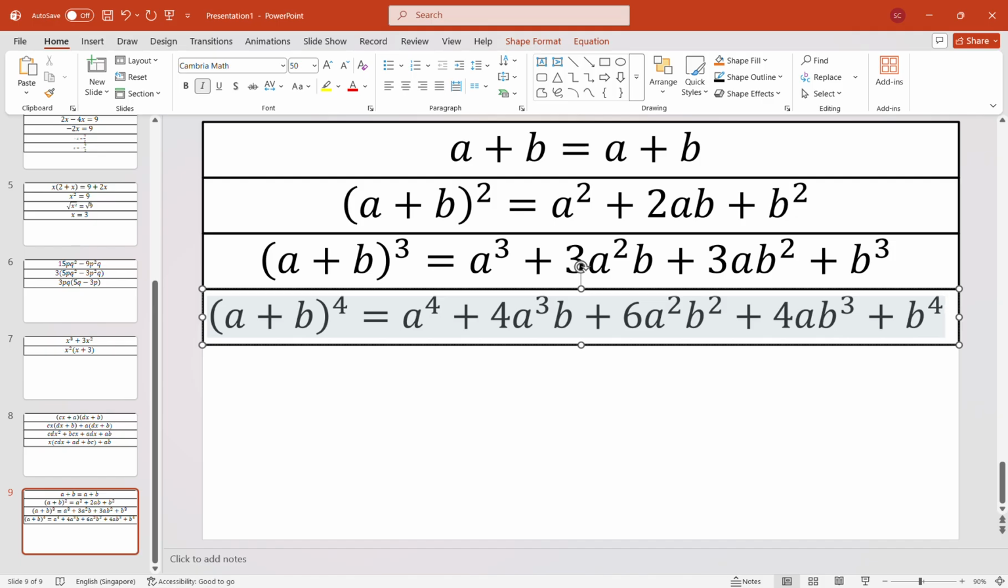This is getting quite long already. Wait, and then notice here that (a plus b) to the power of n has coefficients like the nth row of Pascal's triangle.